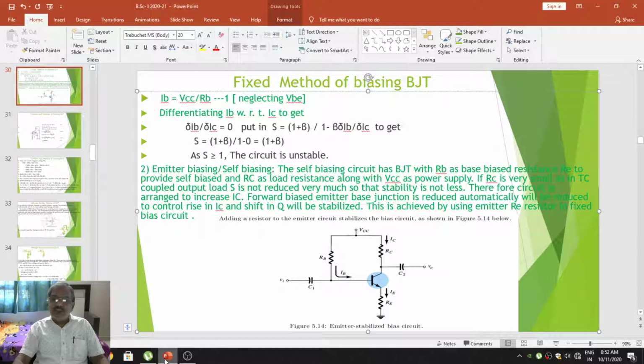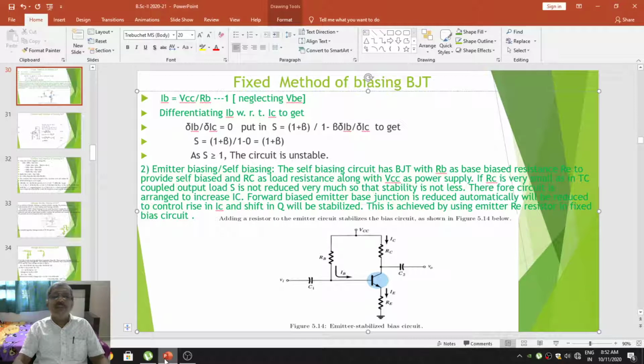The magnitude of the stability factor becomes greater than 1, and that's why we concluded that the stability of that particular method of biasing the BJT seems to be unstable.